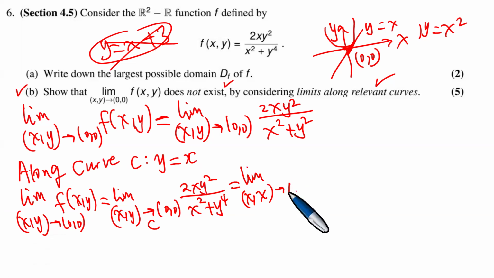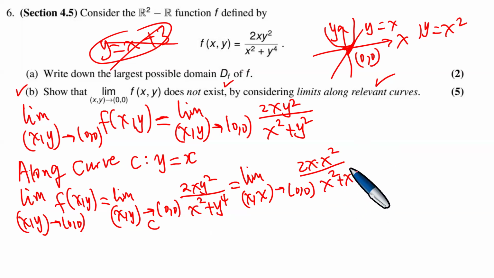We chose this curve y equals x because it's a relevant curve. So the y squared becomes x squared, and here also there's going to be x to the 4th power. Now x approaches 0.